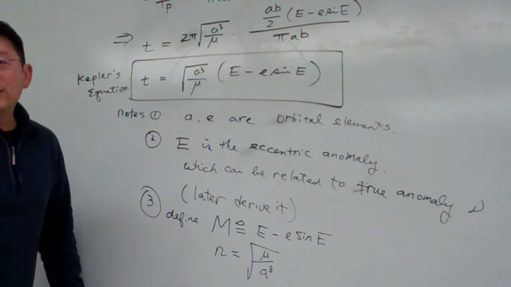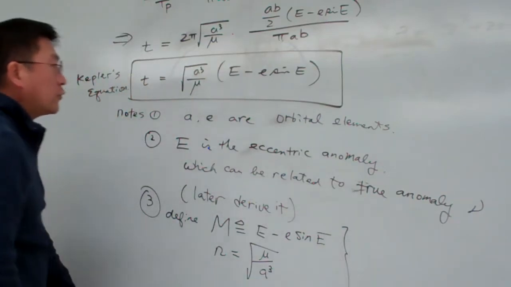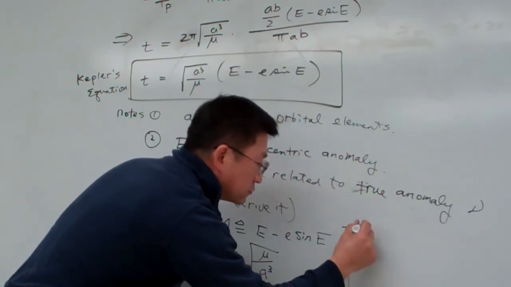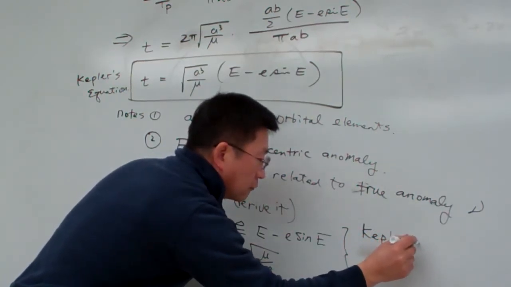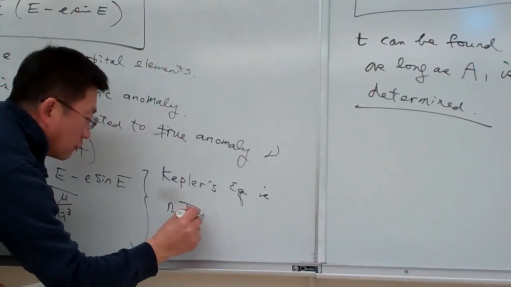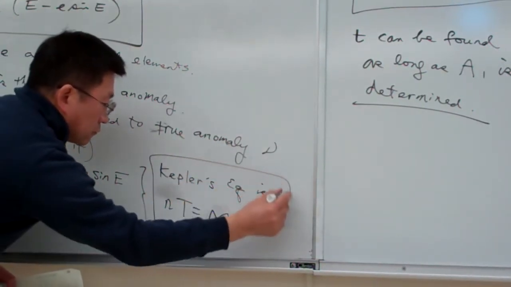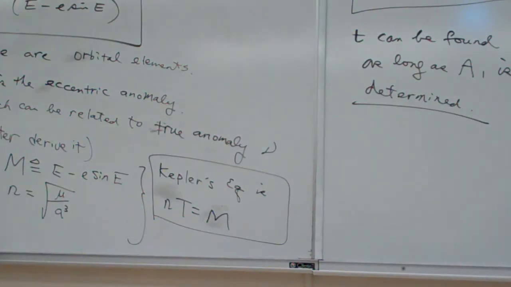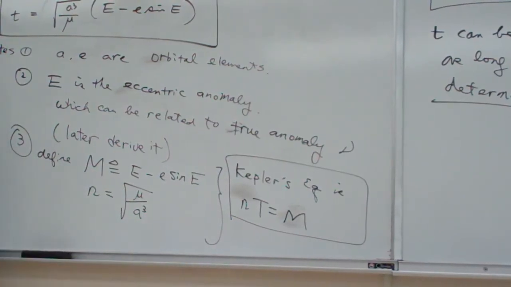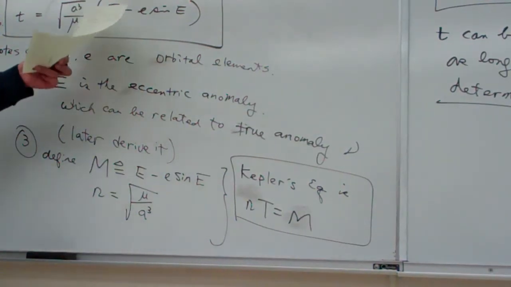Don't ask me why, I just try to complete the whole note. So here we can rewrite these equations as M equals n t. Sometimes people like to write this format. It's not very practical, but just get familiar with the notations here. Okay. And the original is this one.